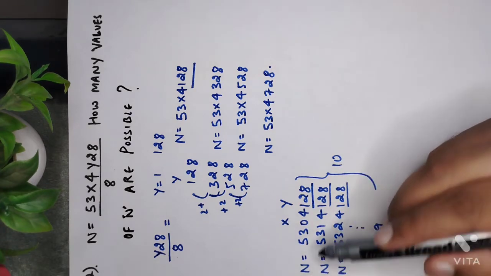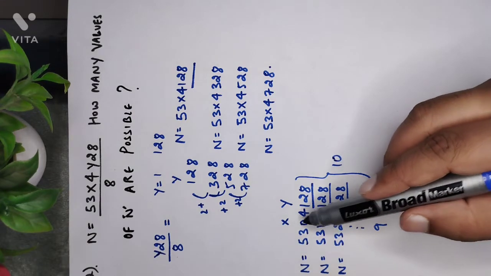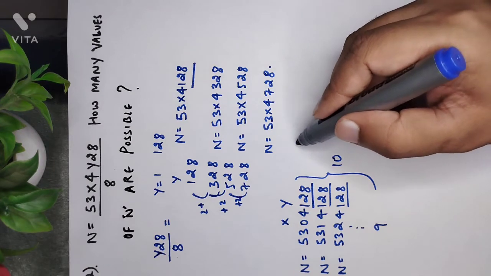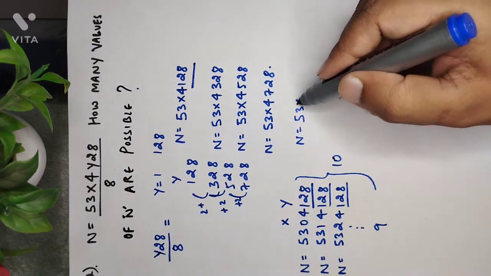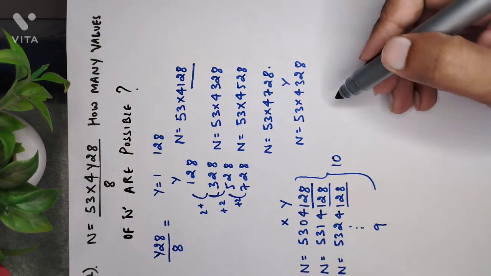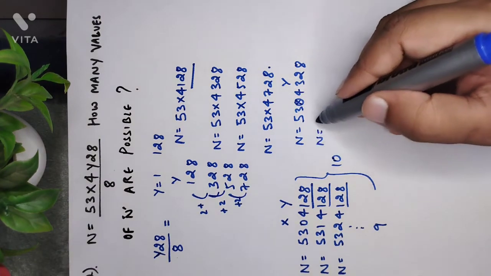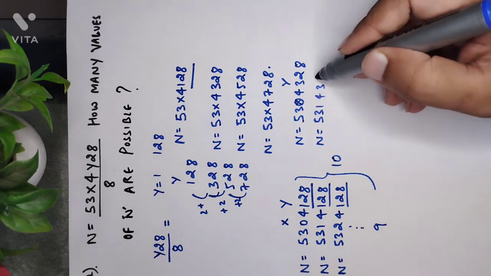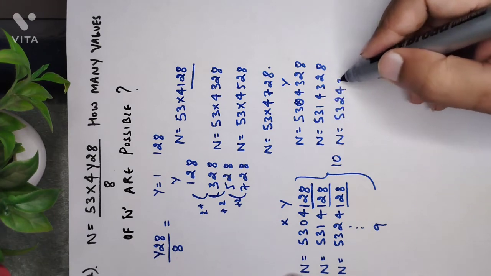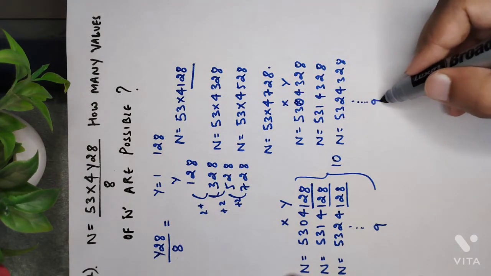That means I will get 10 numbers from here by keeping different values of x. Similarly, the other case is if n is equal to 5 3x 4 3 2 8, that is, if the value of y is 3, then again I can keep x as 0, then 5 3 1 4 3 2 8, then 5 3 2 4 3 2 8, and similarly x can go up to 9.